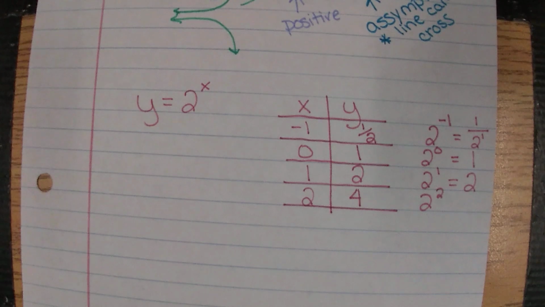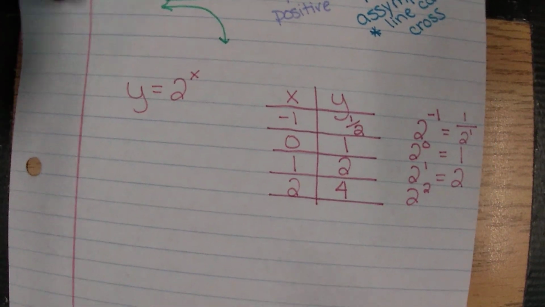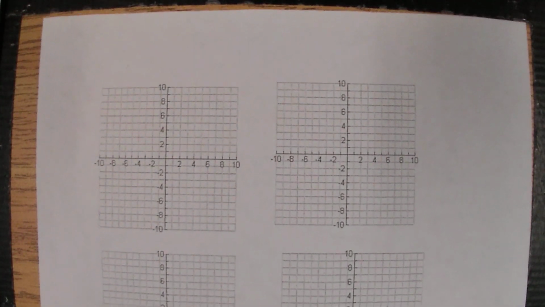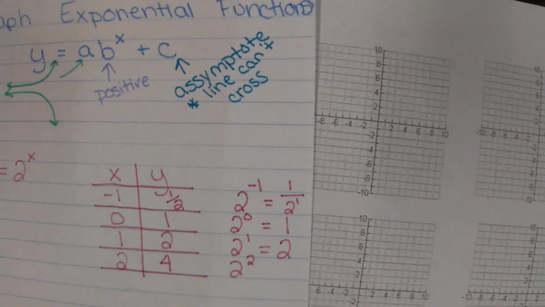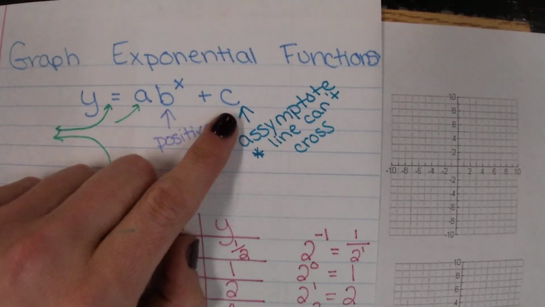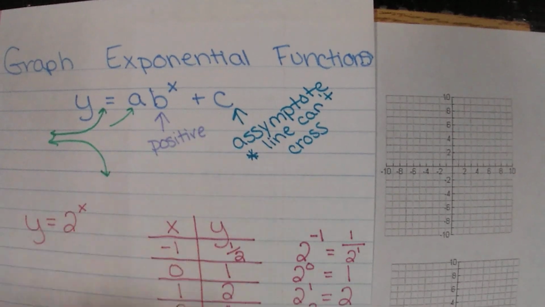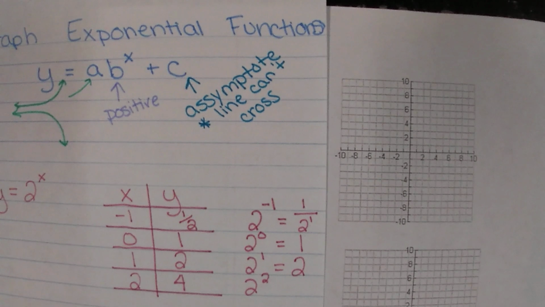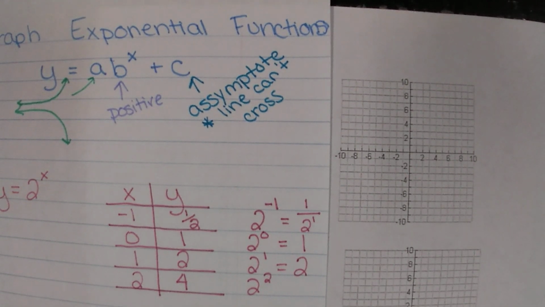When we go to graph this, sometimes it's helpful to have either two different colors or maybe a pencil and a pen. I told you that this c value is our asymptote. It's the line that we can't cross. It's not part of the graph, but it's a line we have to consider that's really important when we're graphing.